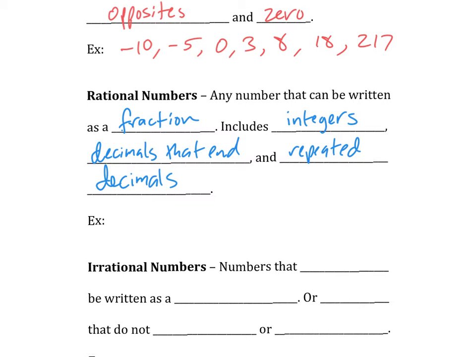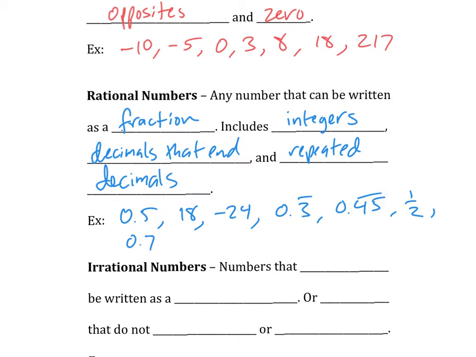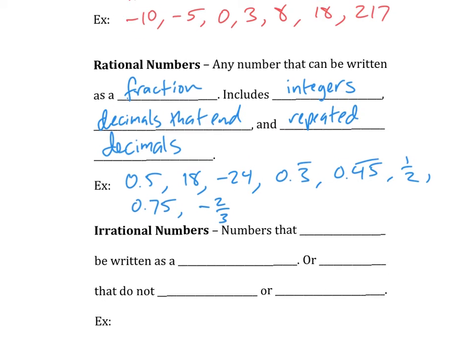Examples include 0.5, a decimal that ends. 18 is an integer. -24 is an integer. 0.3 repeating, a decimal that repeats. Even a decimal that repeats two numbers, like 0.45 repeating. 1/2, 0.75, another decimal. And -2/3, that's a fraction. It can be written as a fraction, so that's a rational number.